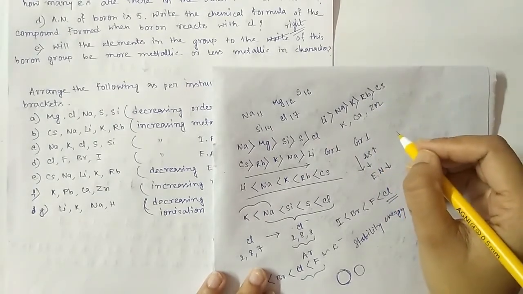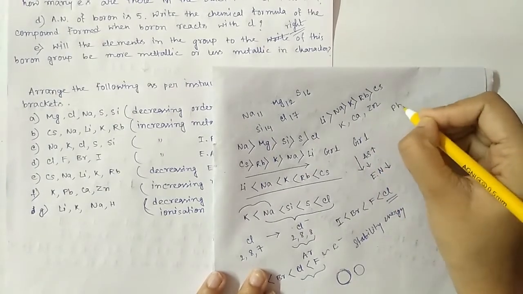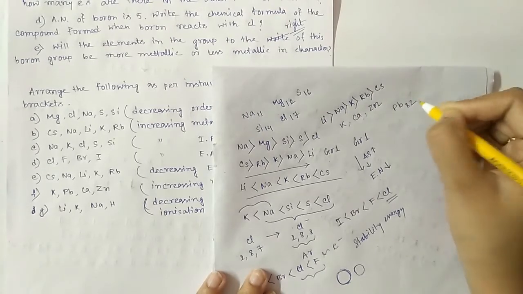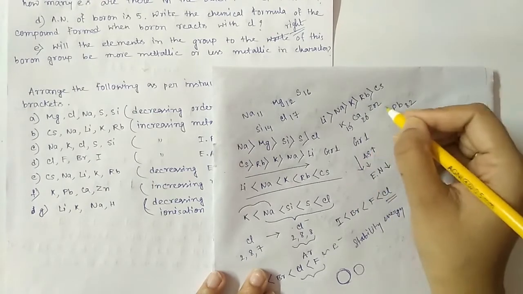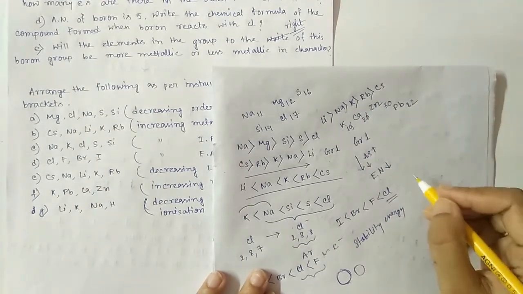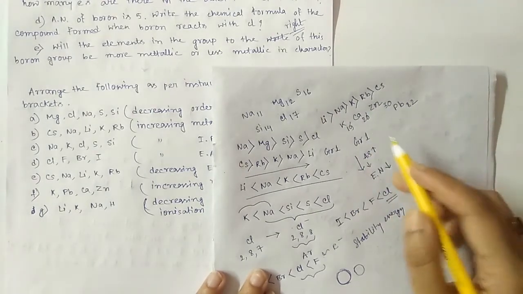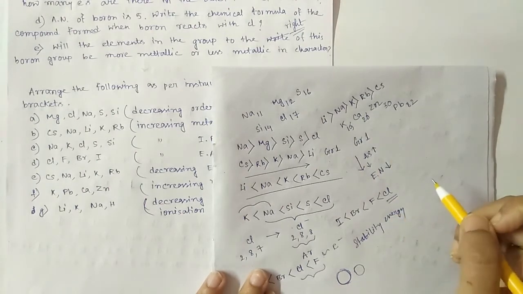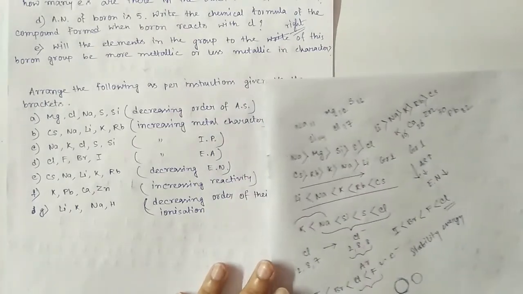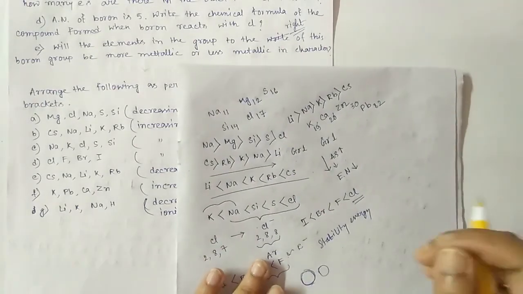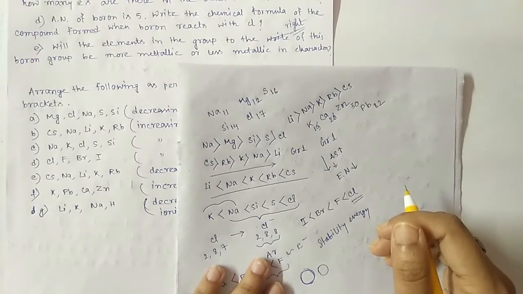potassium, calcium and zinc are elements of the same period. Lead has atomic number 82, potassium has atomic number 19, calcium 20 and zinc 30. Potassium, calcium and zinc are from the same period, and I have told you that along a period from left to right, the metallic character is gradually what?